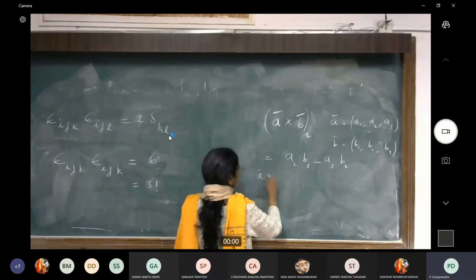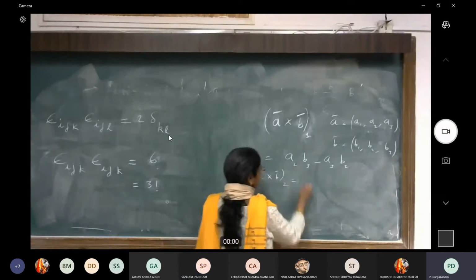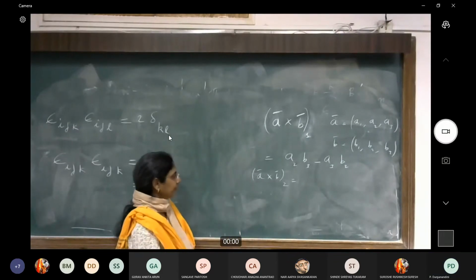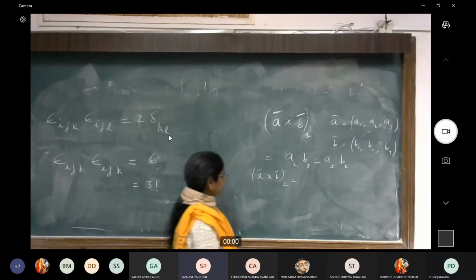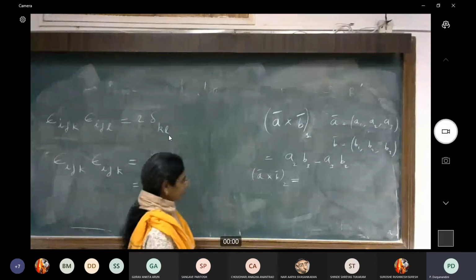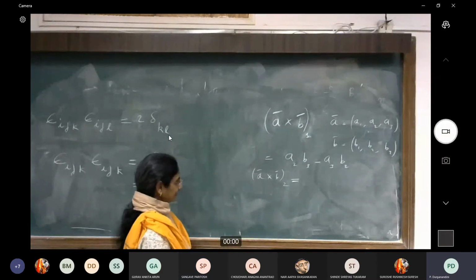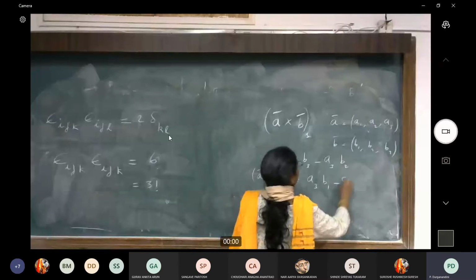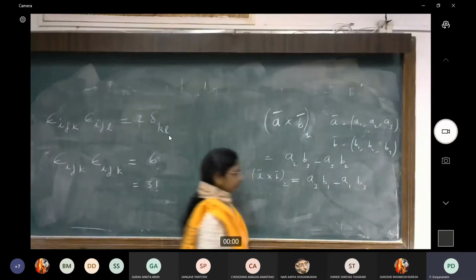Similarly, for A cross B, what will be the second component? A1 B3 minus A3 B1. Think about the sign. Negative of that. So it will be A3 B1 minus A1 B3.